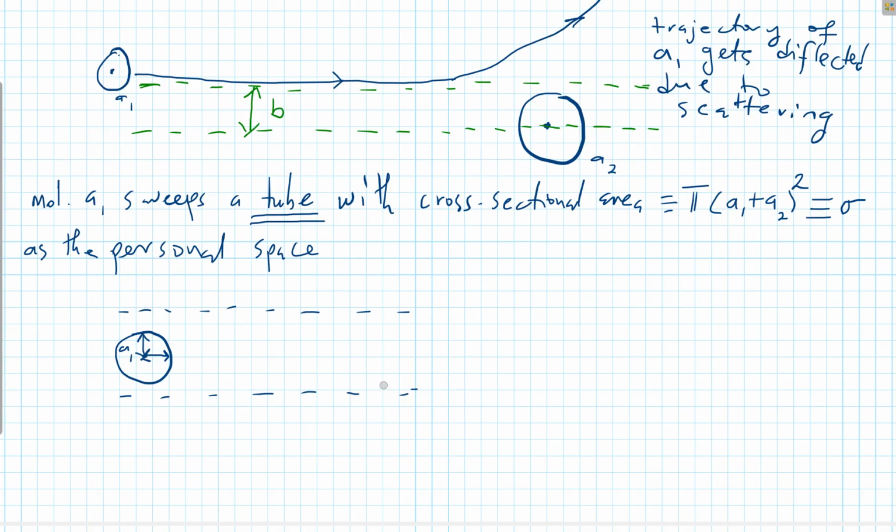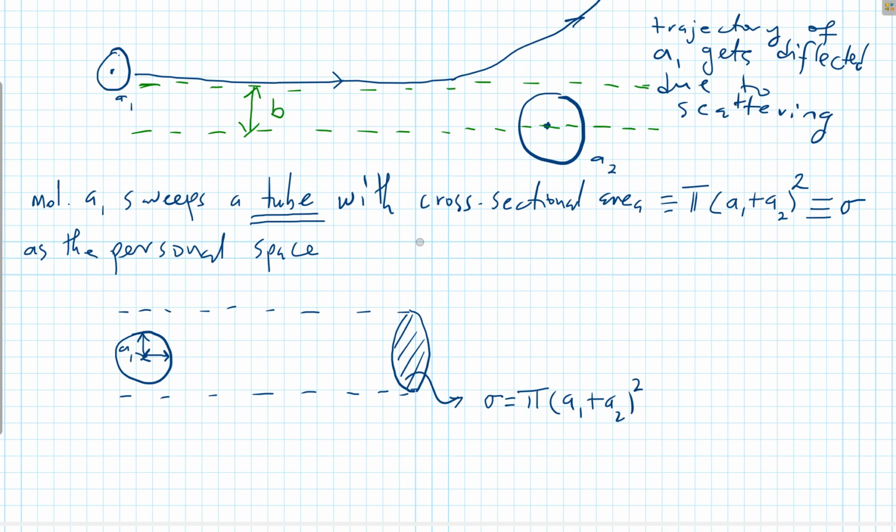And this tube, we're considering that it's going to have some cross-sectional area. This cross-sectional area is what we call sigma, and it's equal to pi times (A1 plus A2) squared. Okay.